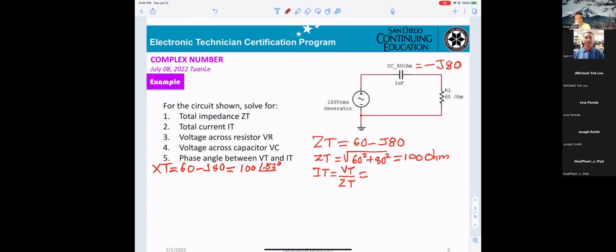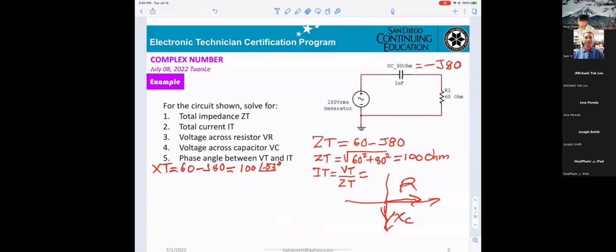You draw R first and XC going down, and that gives you the angle right here. The angle formula is the arctan of minus XC over R. Thank you. That makes sense. Yeah, got it.